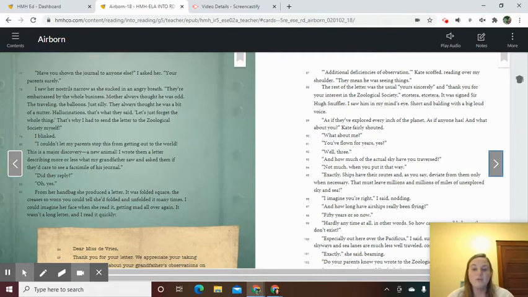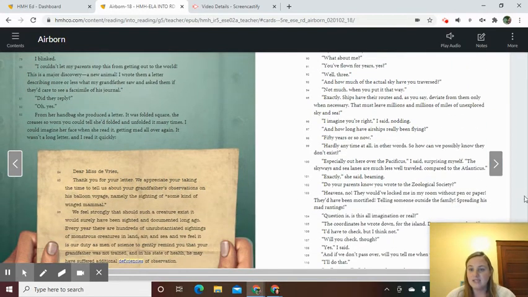And what about you? Kate fairly shouted. What about me? You've flown for years, yes? Well, three. And how much of the actual sky have you traversed? Not much when you put it that way. Exactly. Ships have their routes and, as you say, deviate from them only when necessary. That must leave millions and millions of miles of unexplored sky and sea.